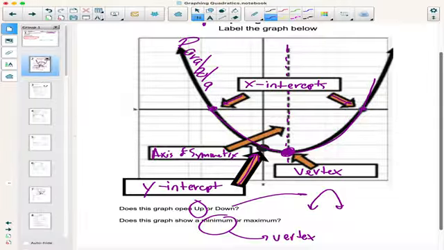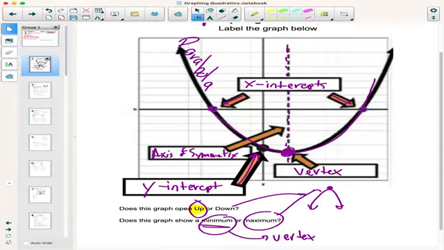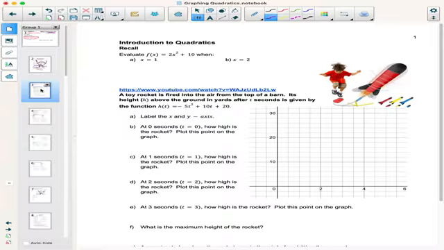There's nothing below it. If it had a maximum, then it would be this point up there. All right, but this one has a minimum. Okay, I'll probably highlight that so we can see it. So highlight the up, highlight the minimum. Those are the answers.